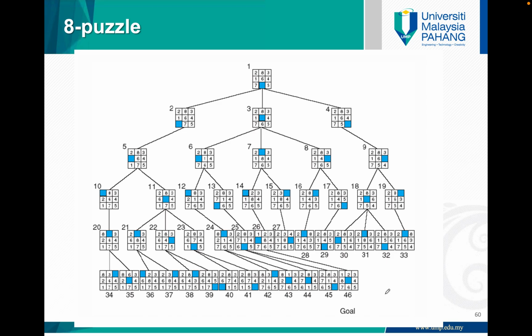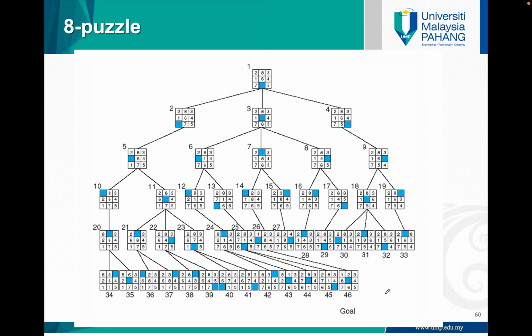You have to show it step by step, in the form of a tree like this. You break down how many positions are possible to move the blue box. Let's call it the blue box. Right now the blue box is in the middle of the bottom row.